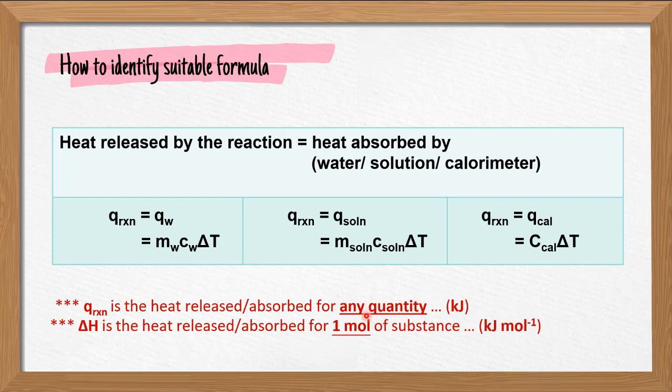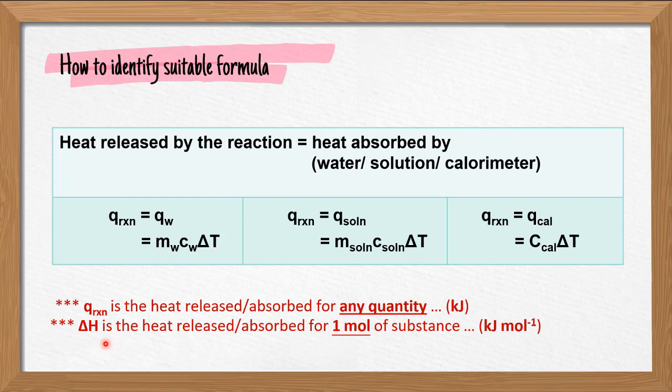Any quantity, it can be 0.5 mole, 1 mole, or 1.5 mole. The units of this Q can be either joule or kilojoule. And delta H refers to the heat change, heat released, or heat absorbed for 1 mole of your substance.